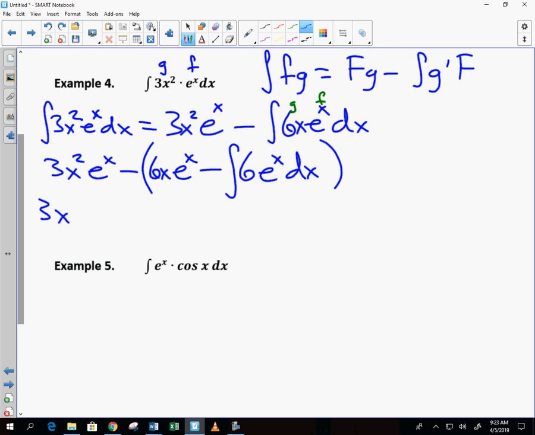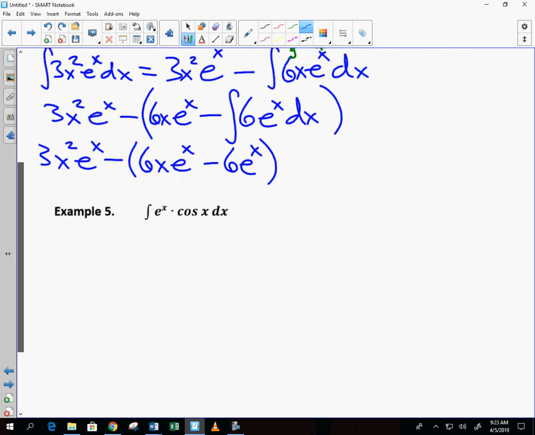We have 3x squared e to the x minus parentheses 6x e to the x minus the antiderivative of 6e to the x, which we said was just 6e to the x. Distribute the subtraction sign, and we get 3x squared e to the x minus 6x e to the x plus 6 e to the x plus a constant.